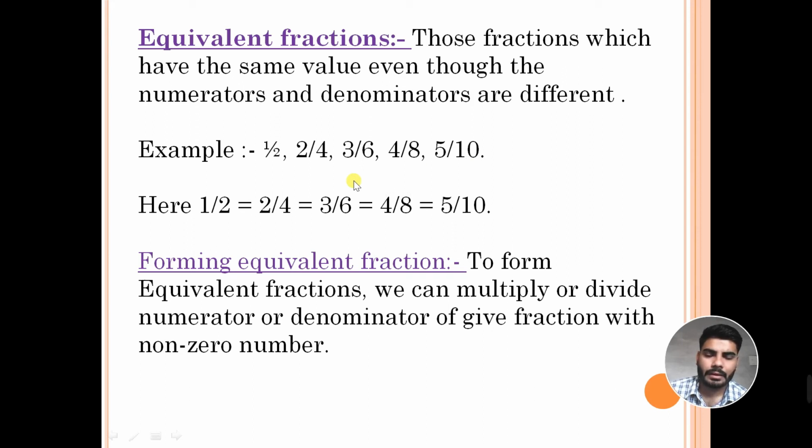Here the numerator and denominator of each fraction is different, but when we simplify each example, then we will get the value 1 by 2. So 1 by 2 is equal to 2 by 4 is equal to 3 by 6 is equal to 4 by 8 and that is also equal to 5 by 10.